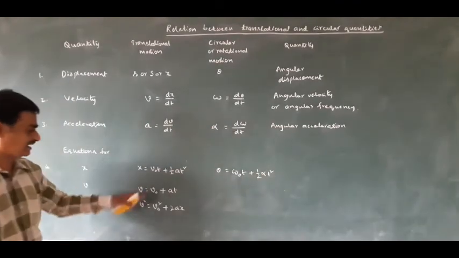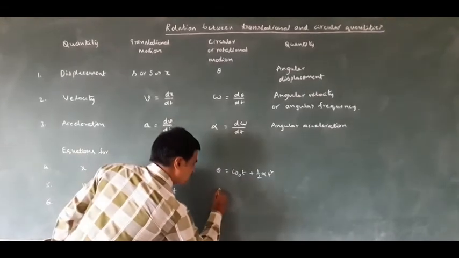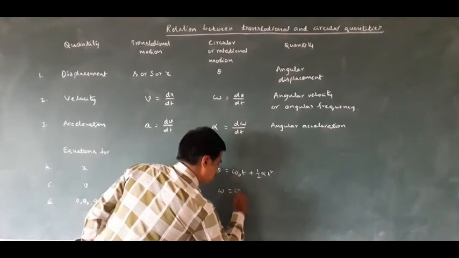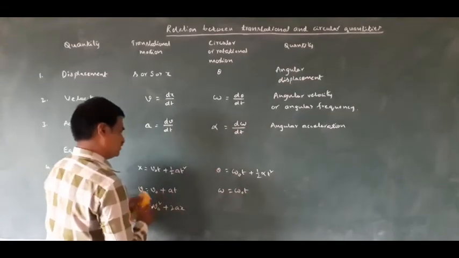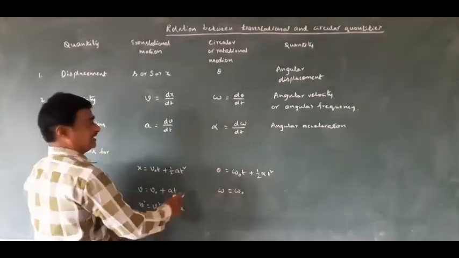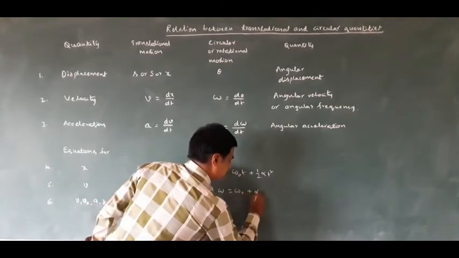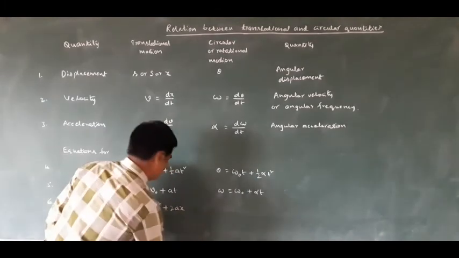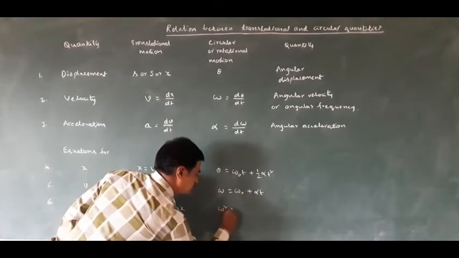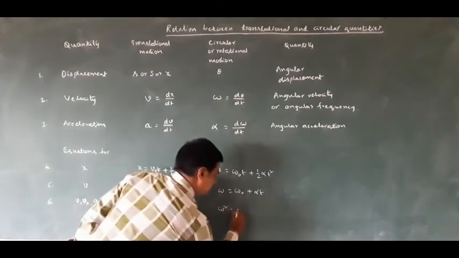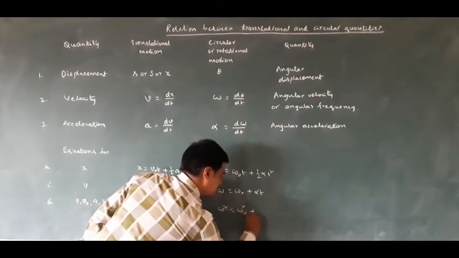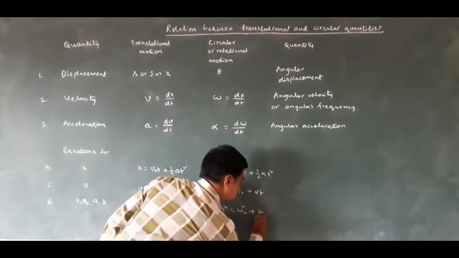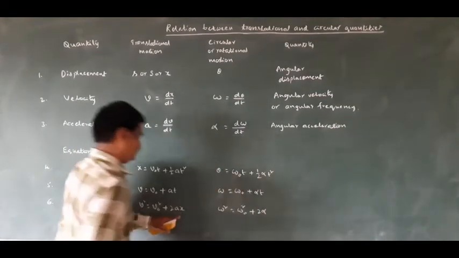Here omega is equal to omega naught plus alpha t. Then omega square is equal to omega naught square plus 2 alpha into theta.